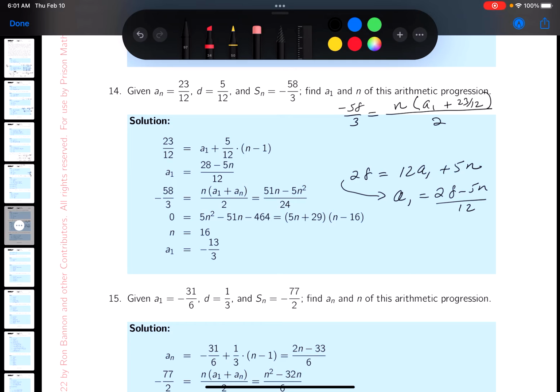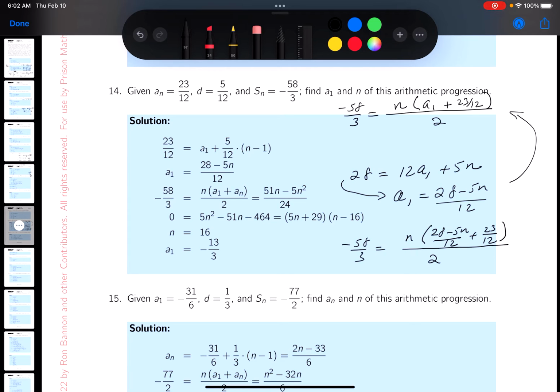I'm going to pop it in this equation over here, and you get minus 58 thirds equals N over 2, I don't know what N is, A1 is 28 minus 5N over 12 plus 23 over 12.